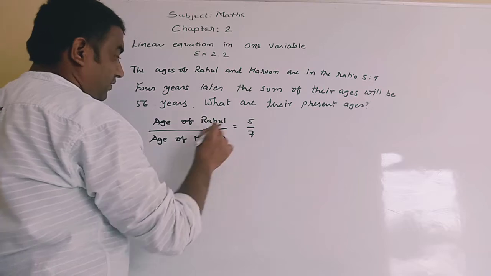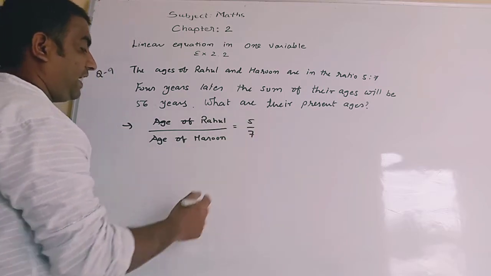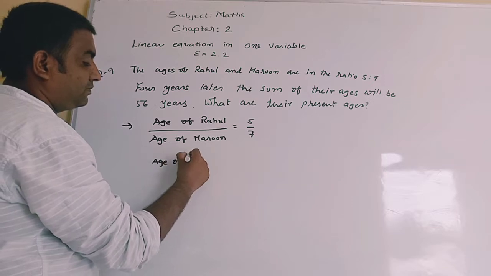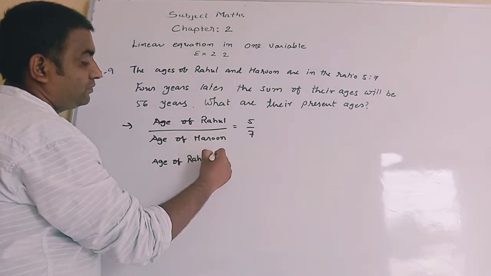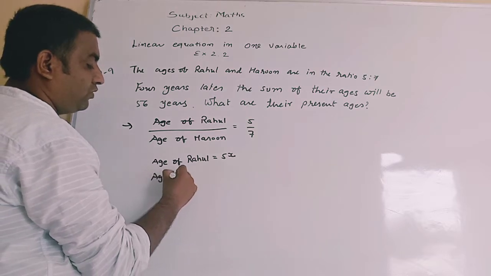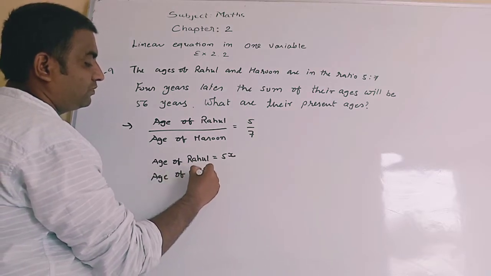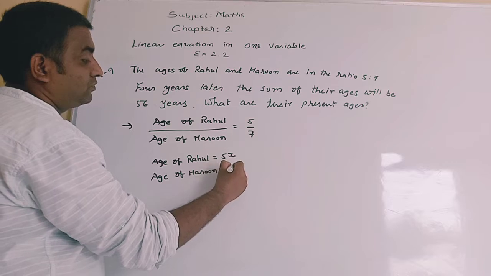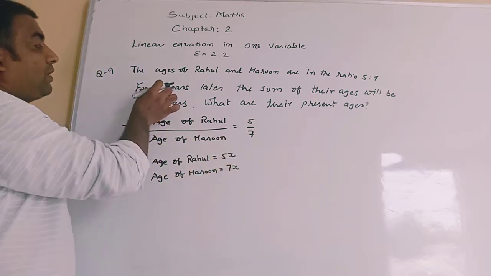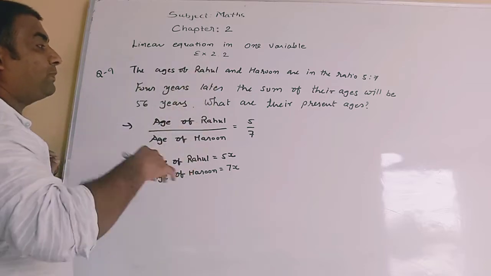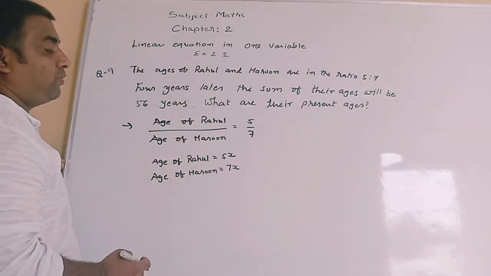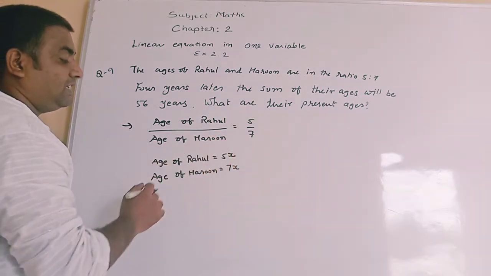Now here 5 and 7 are multiplied by some number, that we don't know. So we take that multiplied number as x. Then age of Rahul will be 5x and age of Harun will be 7x. Now here the talk is about 4 years later. After 4 years, both persons will have 4 more years added to their age.